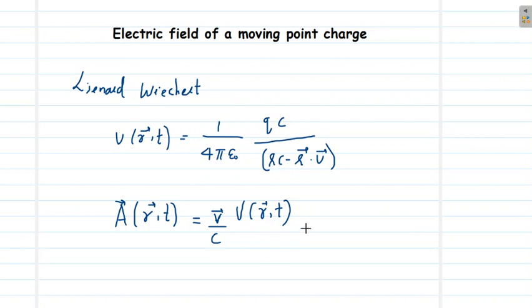Let us use these equations in order to find the electric field and magnetic field due to a moving point charge. We have done this kind of exercise in the previous derivations as well.